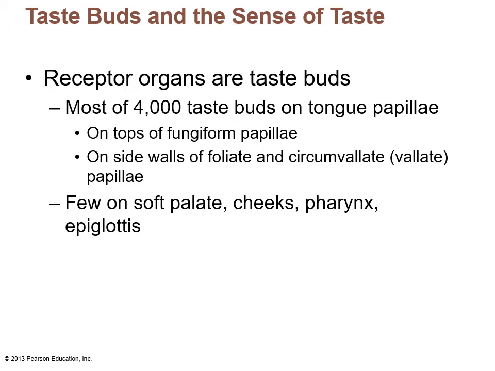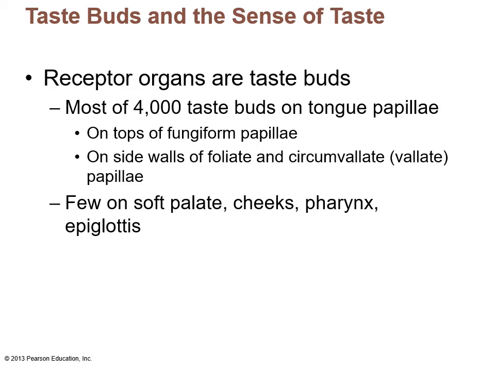Now, these are the largest of the taste buds. They're quite large, and they have a V shape behind the anterior two-thirds of the tongue. It kind of separates between the anterior two-thirds and the posterior one-third of the tongue, so they're way in the back. There's a few taste buds on the soft palate, cheeks, pharynx, and epiglottis, but most of them are found on the tongue.